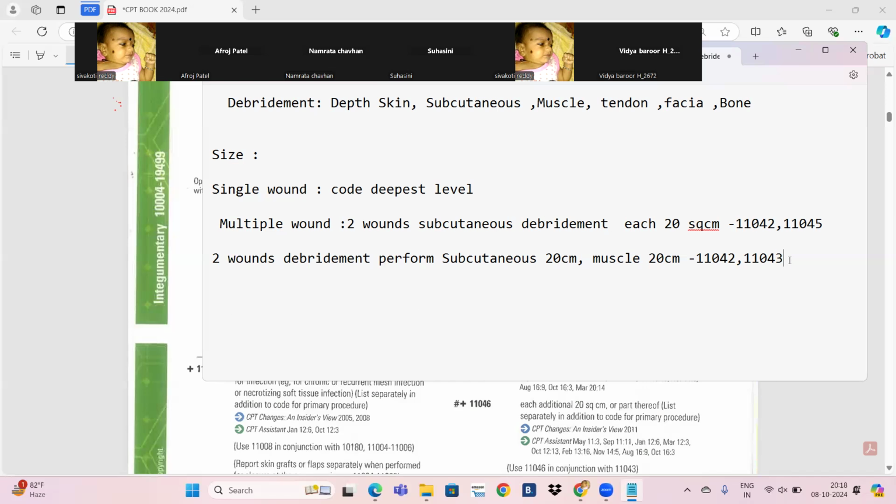So from the debridement topic, you will get two multiple choice questions. When you are coding debridement, what do they need to mention compulsorily in the procedure? Single wound or multiple wounds, if they didn't mention it, you will still get the code.